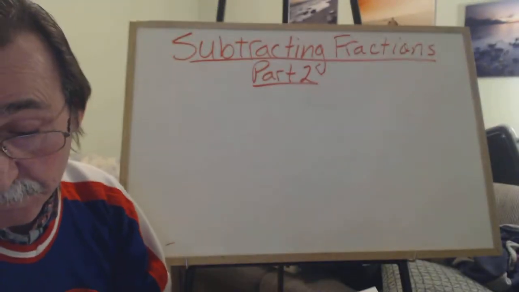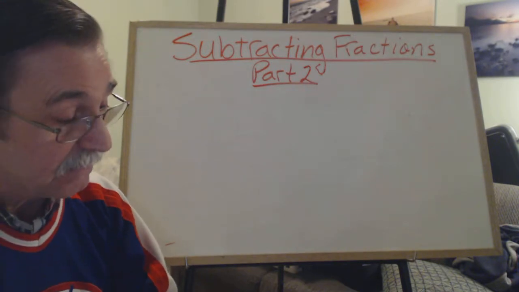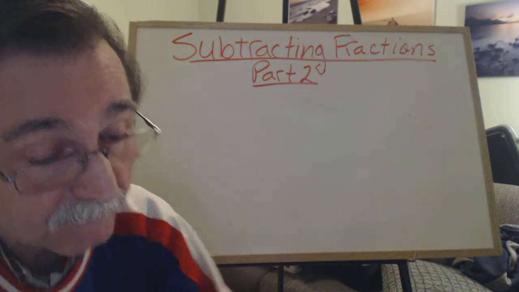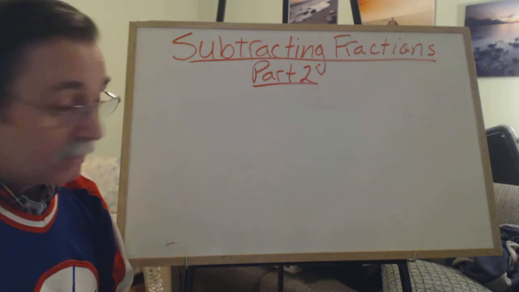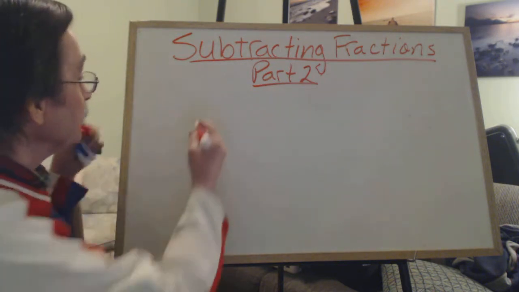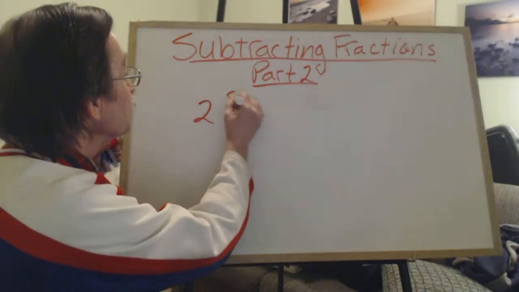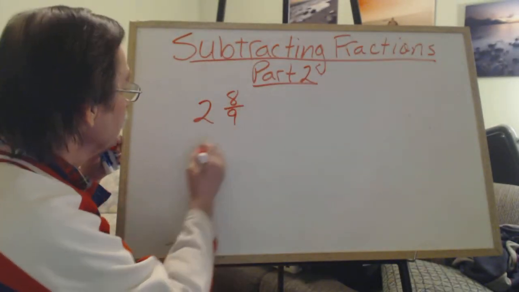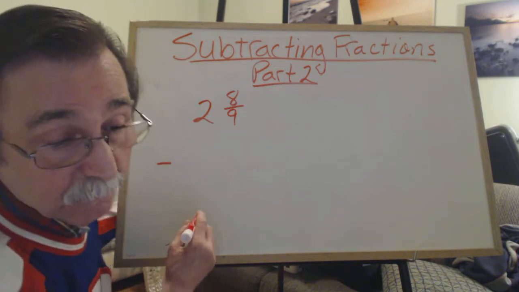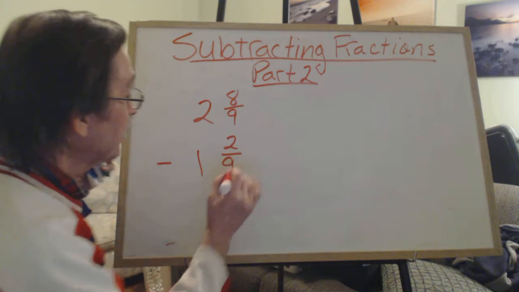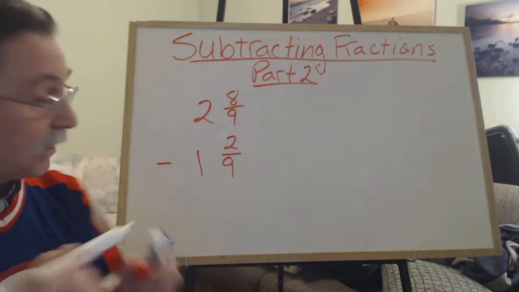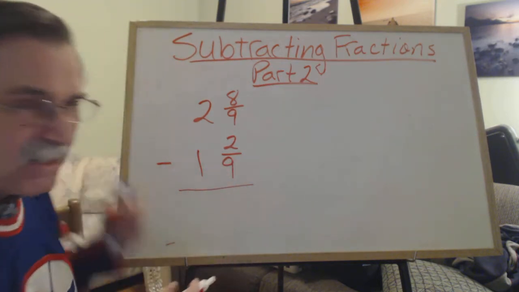And we are going to do 2 8/9 minus 1 2/9. That's the third one down on the left side. Okay, so let's do that. Minus 1 2/9.